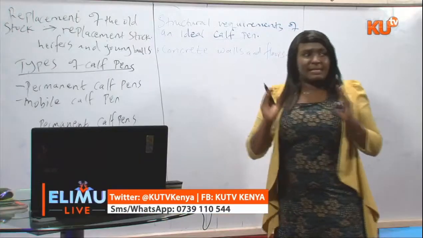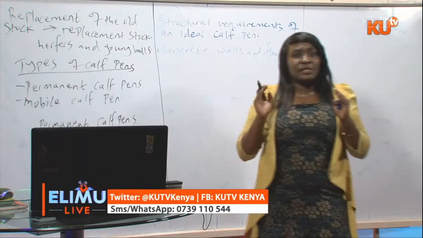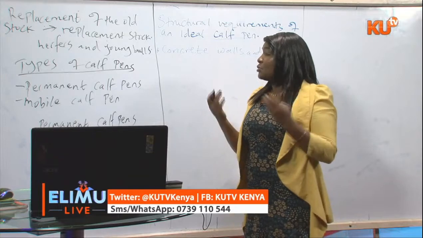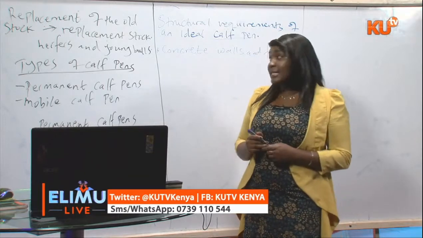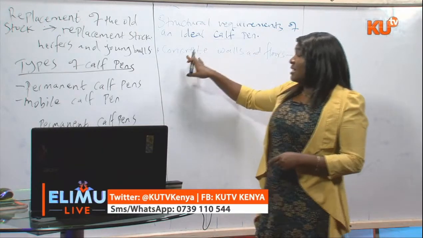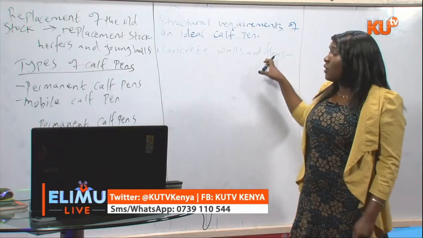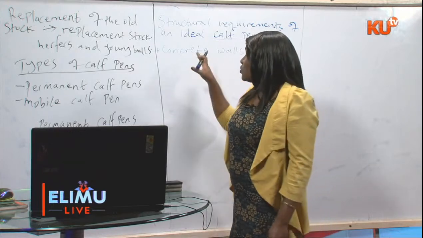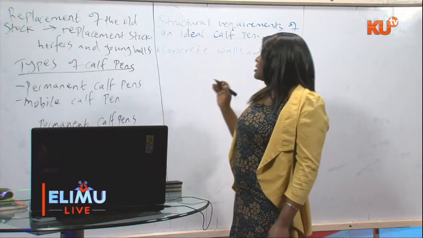The best calf pen, one that is going to be of importance to your farm in terms of profit maximization, ensure that the walls and the floors are concrete. If you can afford, ensure that you can make concrete walls and floors.